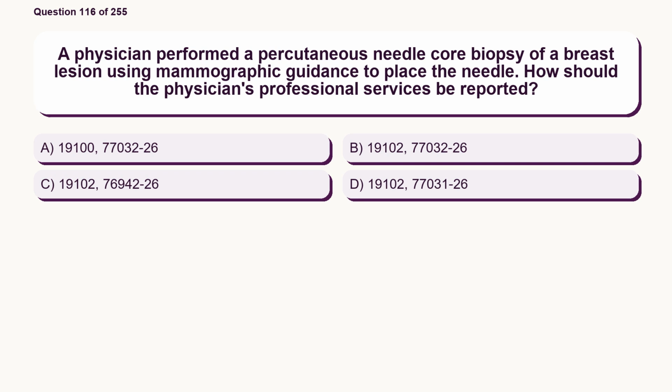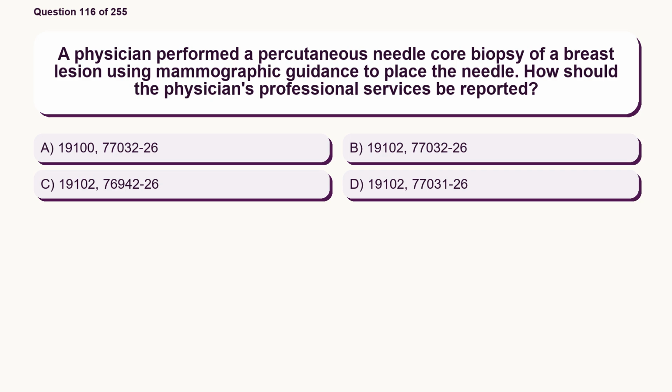Question 116. A physician performed a percutaneous needle core biopsy of a breast lesion using mammographic guidance to place the needle. How should the physician's professional services be reported? Option A, 19100, 77032 to 26. Option B, 19102, 77032 to 26.